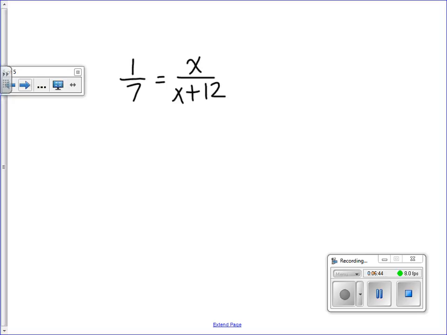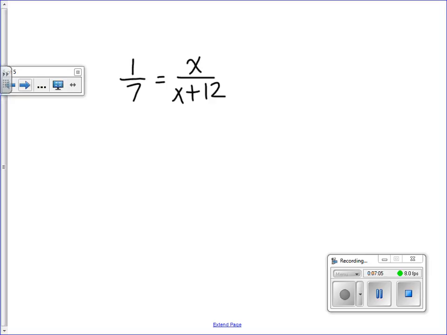All right, check this one out. This is the one I was telling you about earlier. This is a ratio. This is a ratio. They are equal. That makes them proportions. Remember, in a proportion, cross products are equal.